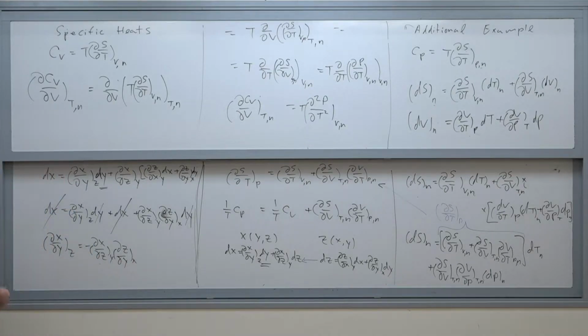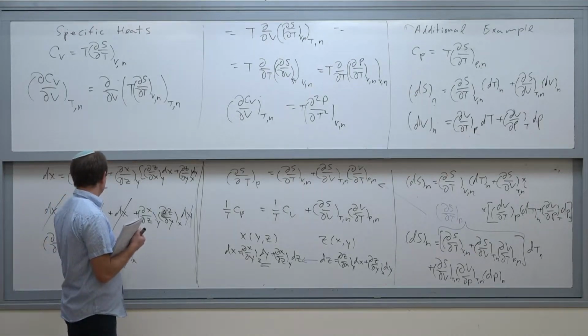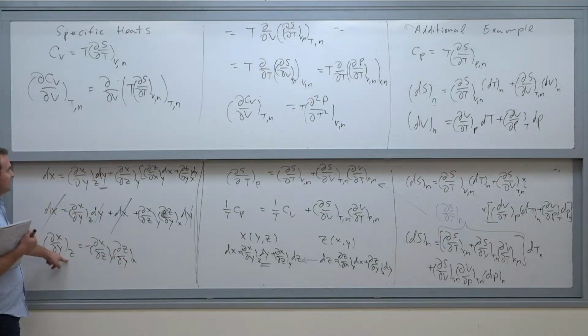Some lengthy calculation. Okay, so now you see what we are having. We have that dx dz times dz dy is simply minus dx dy z.